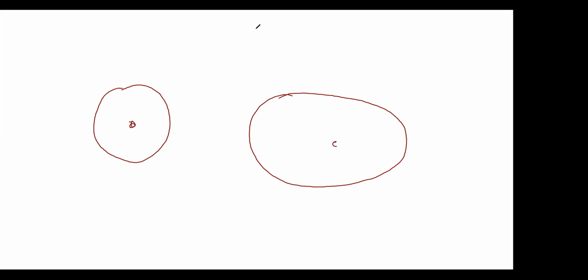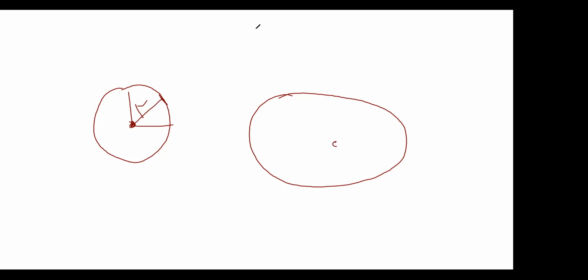But in a circle, you have a fixed distance from the center to any point on the circle. If you draw it horizontally or vertically or at any angle, it will be the same distance, a fixed distance, and we name it here with an arrow.